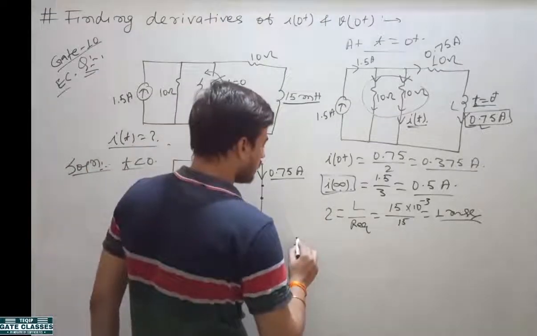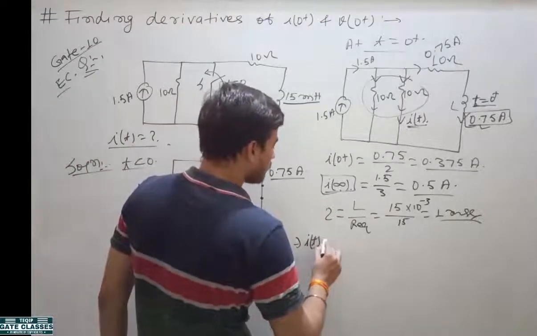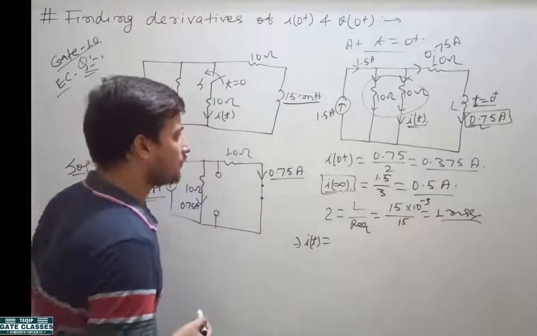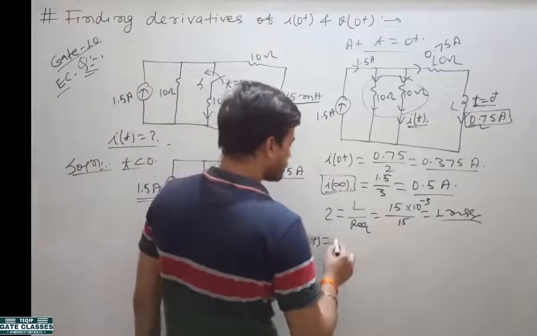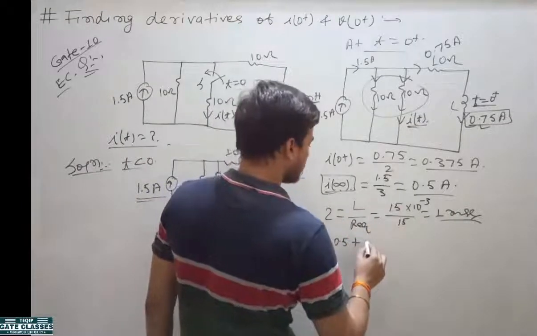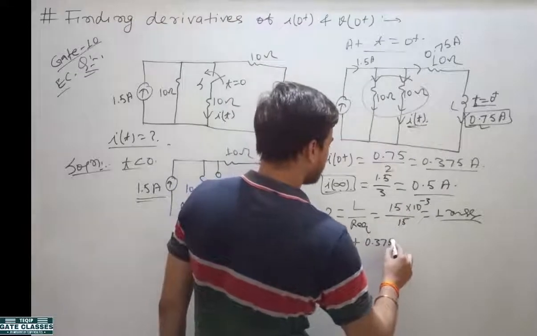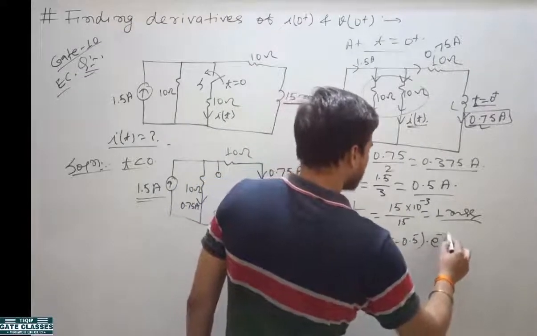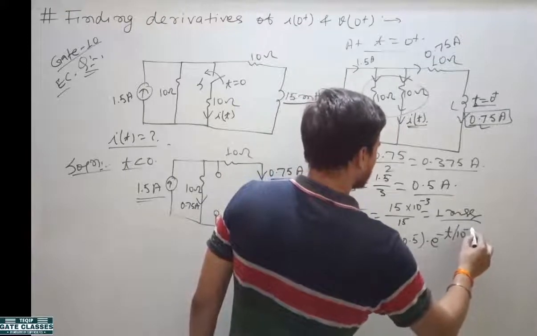Now we'll write IT. So IT will be I infinity plus I0 minus I infinity into e to the power minus t by tau. I infinity is 0.5, plus 0.375 minus 0.5 into e to the power minus t divided by 10 to the power minus 3.